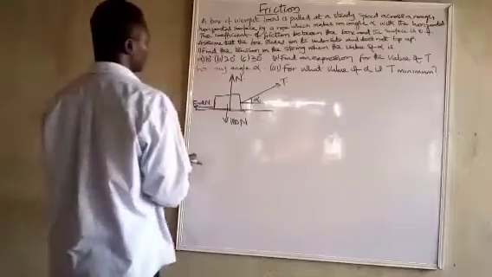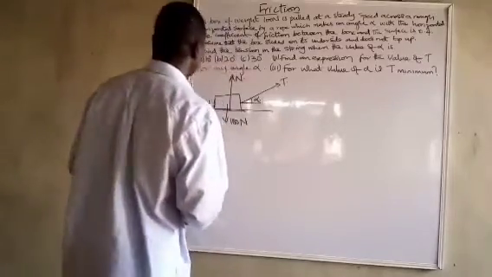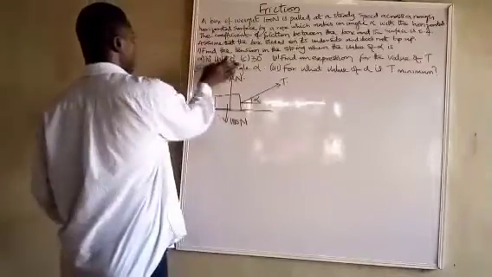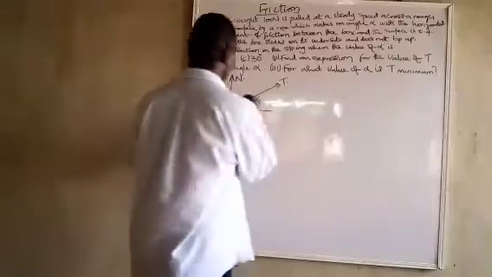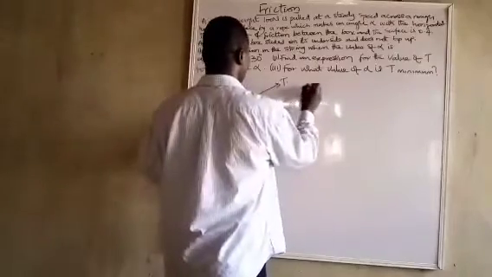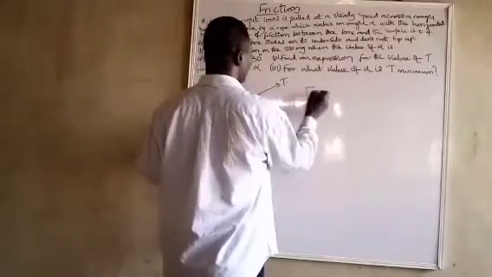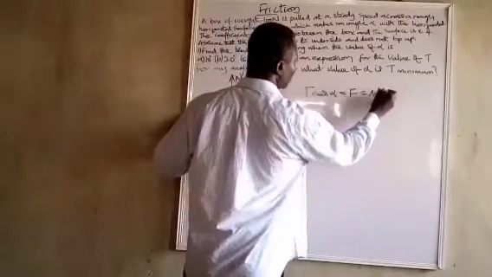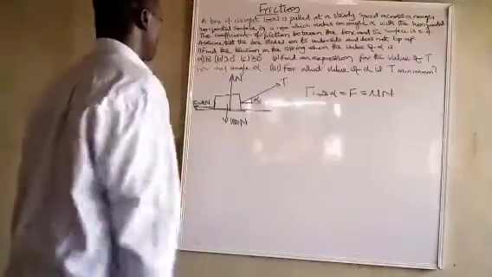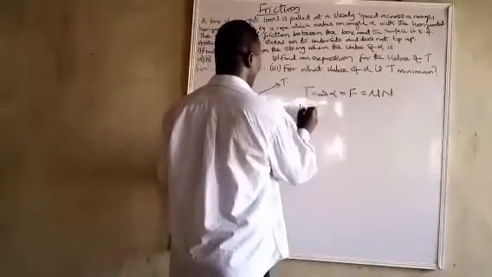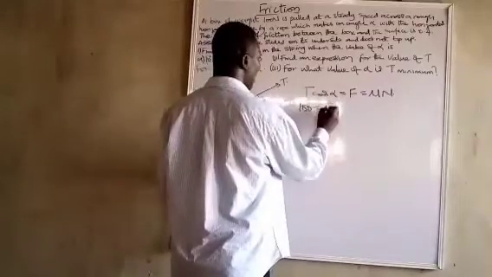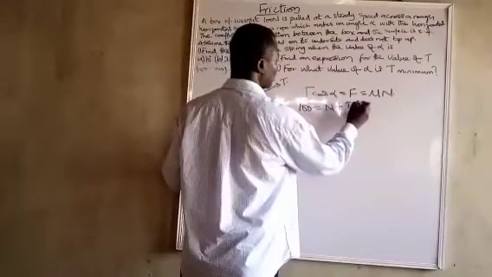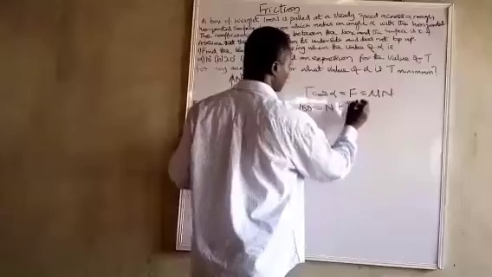Let's now work it out. Let's find the expression for the value of T for any angle, and from there we'll be able to get this. Now T cos alpha is equal to F, which is mu N, and 100 Newton is equal to N plus T sine alpha.